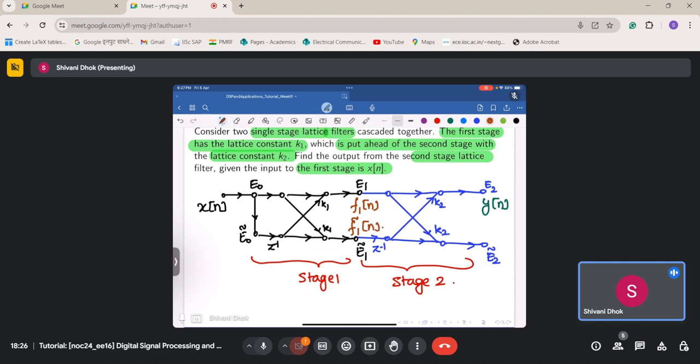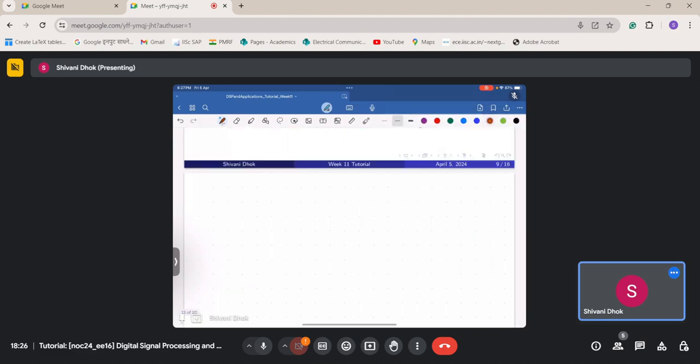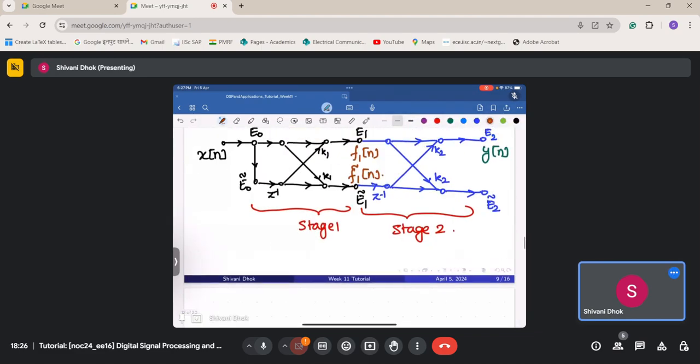Let us first write down f1 and f1 tilde. f1 of n is x of n plus x of n minus 1 into k1.